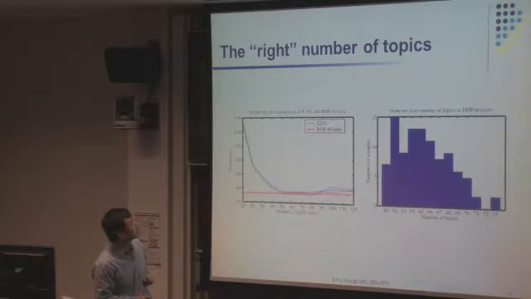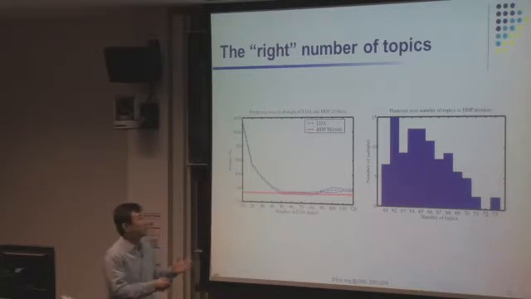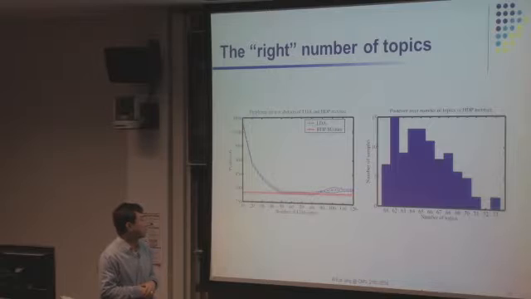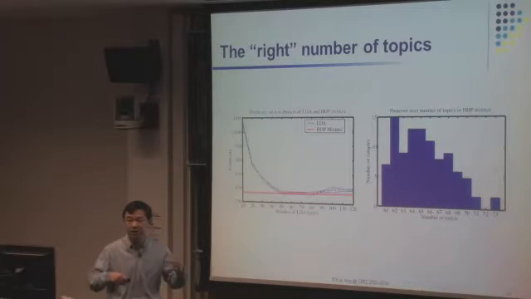And at the end of the day, of course, you need to justify the correctness of this. And in this case, in our opinion, the justification can be a little bit weaker because there isn't the right number of topics. Therefore, you cannot really argue this one is giving you a better estimation. But nevertheless, in NLP, people often use perplexity to justify the usefulness of the model, the fitness of the model.